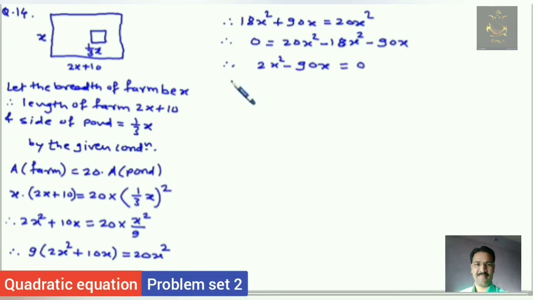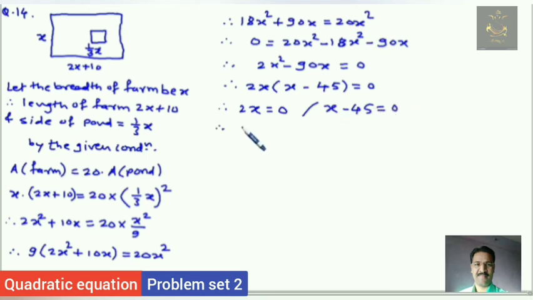Now just observe here, there is no constant. So straightaway I will take the common from these two terms, that is twice of x. Here x minus, tell me how much? 45 is equal to 0. Therefore 2x is equal to 0, or x minus 45 is equal to 0. Therefore x is equal to 0 upon 2, so we get x equal to 0 only, and this side x equal to 45.